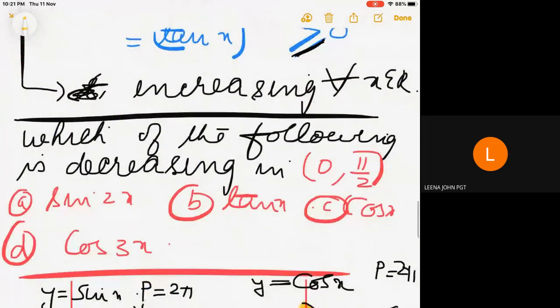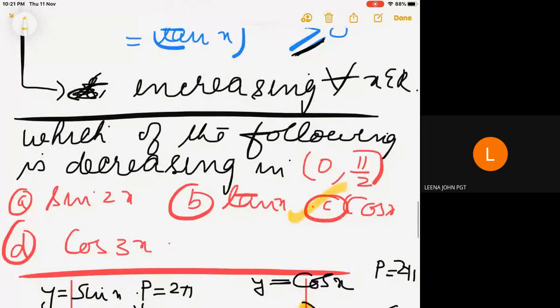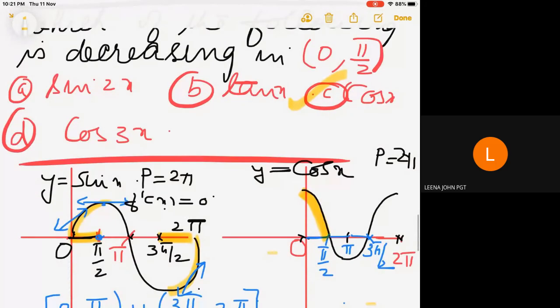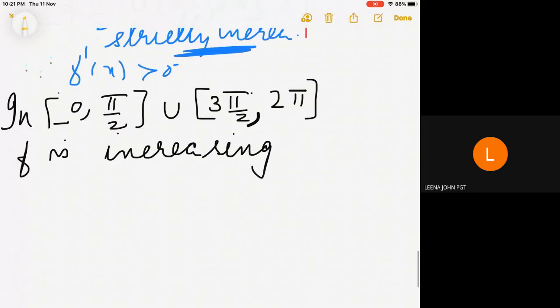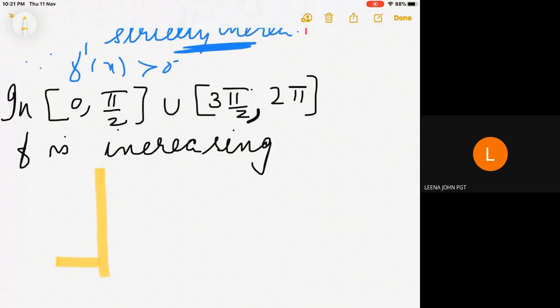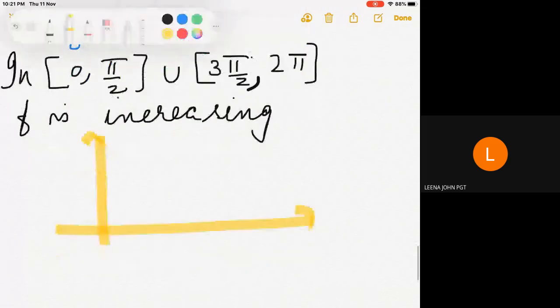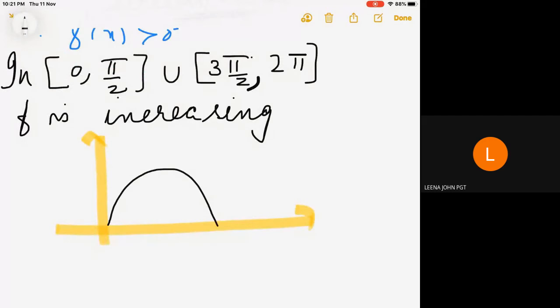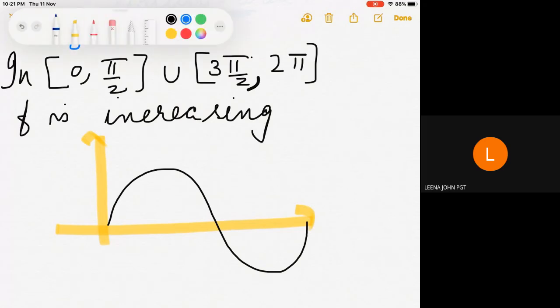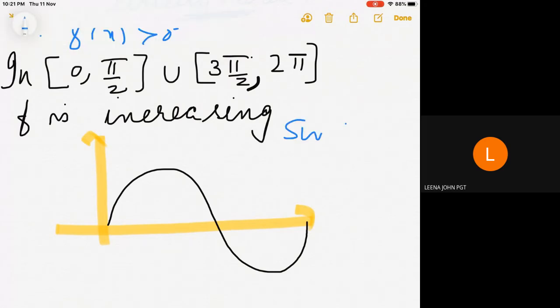But at the same time, I want to talk about sine 2x functions. How does the sine 2x function come? The basic function, you should know the graph. It comes like this. And for the basic function, you know the period. Sin x, the period is 2 pi.